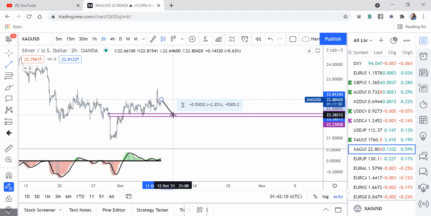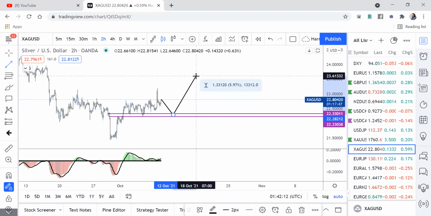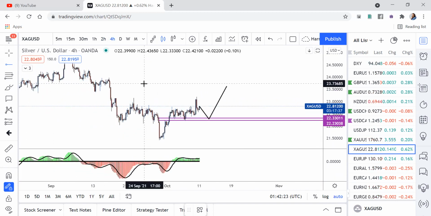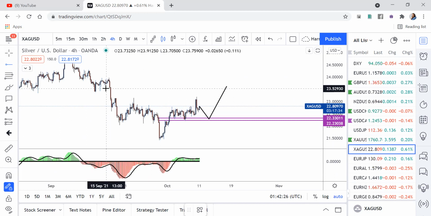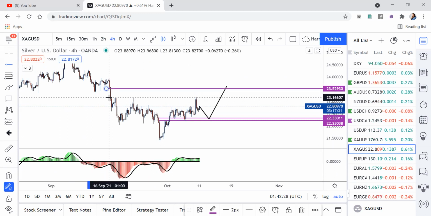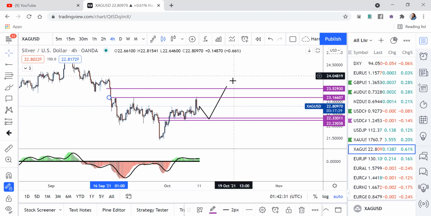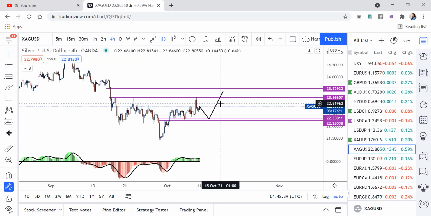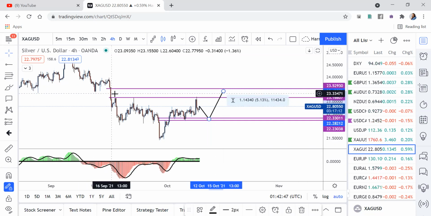Right, so same thing with this. Right? So that's what I'm waiting for. Let's see if we could get silver coming into here and then looking to come back into this area of imbalance here.